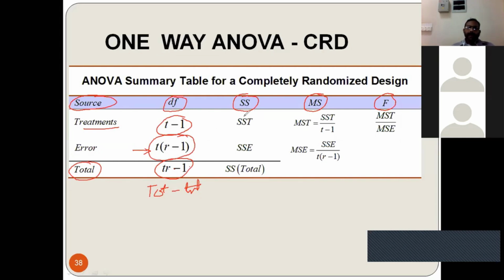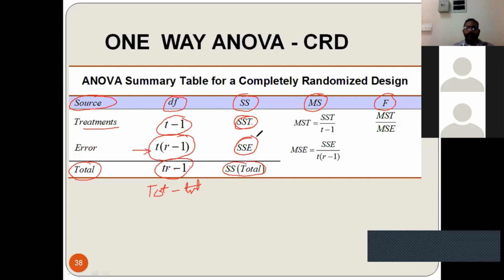Then we have sums of square. We will see how to calculate the sums of square. This is the sums of square for treatment. SST means sums of square of treatment. SSE means sums of square of error. Write down the abbreviation for SSE. Sums of square for treatment, sums of square for error. Then we have sums of square of total.